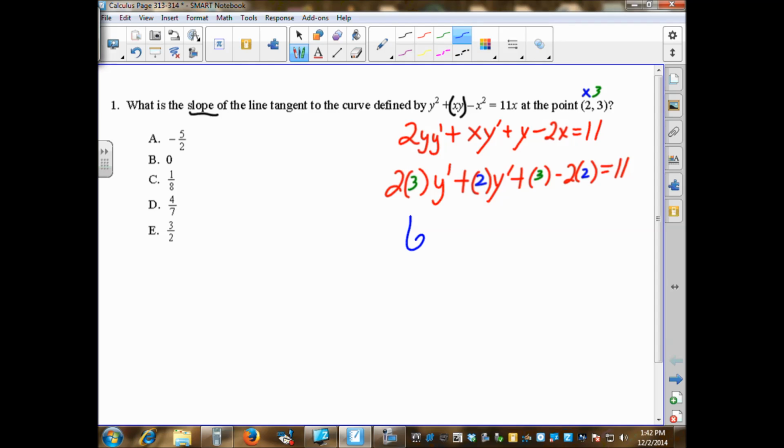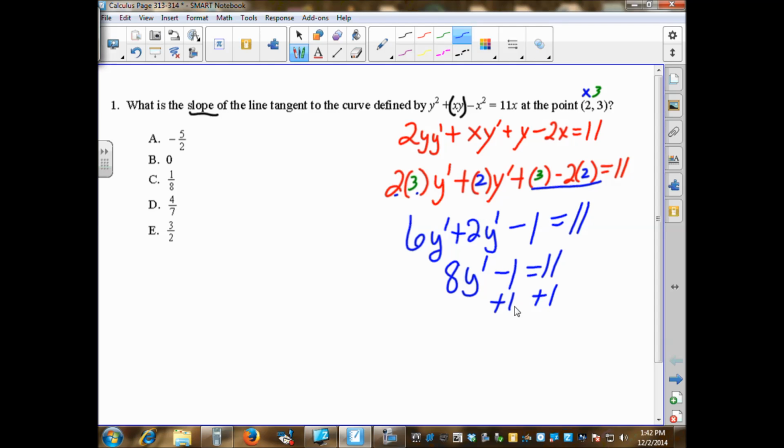So that will give us 6y derivative, because 2 times 3 is 6, plus 2y derivative, plus 3 minus 4, that's negative 1, equal to 11. And that gives us 8y derivative minus 1 equals 11.